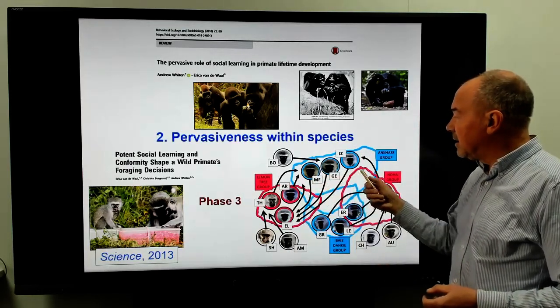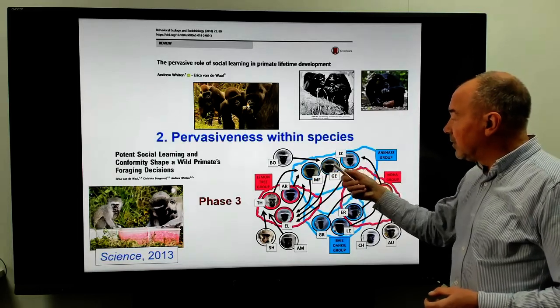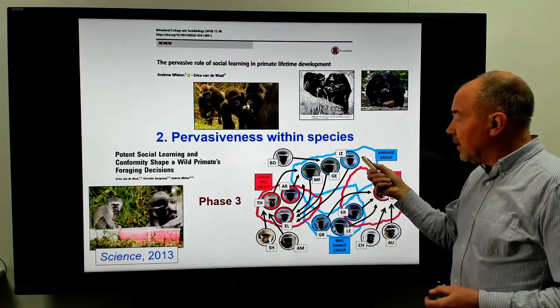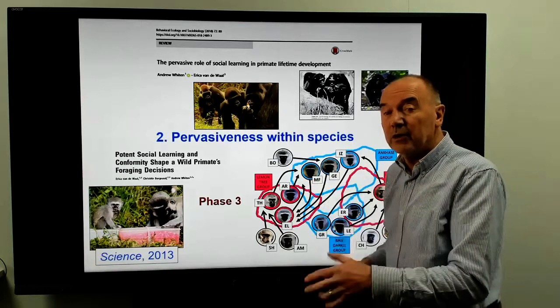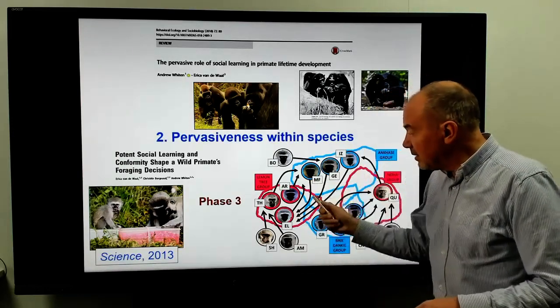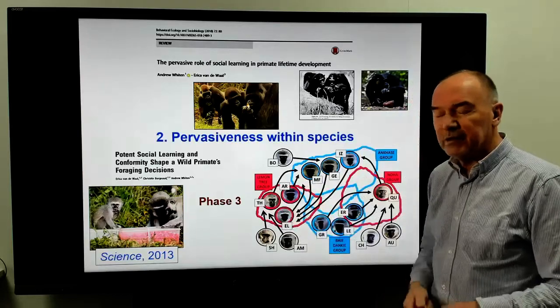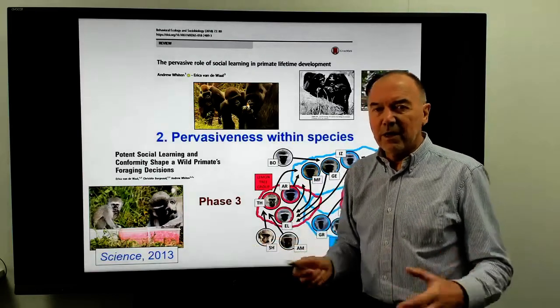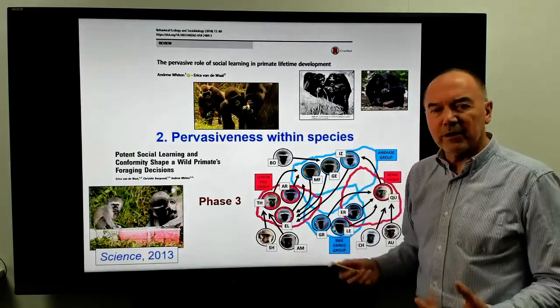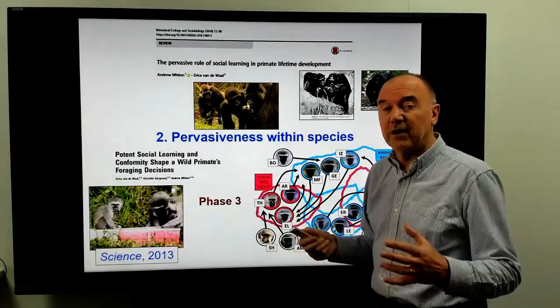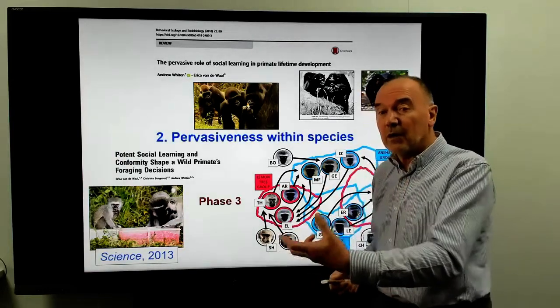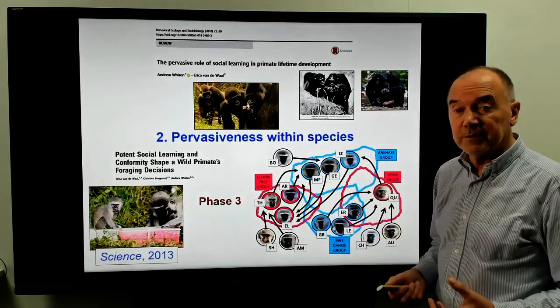We had instances where, for example, there were 3 males here who were in a group initially where everyone ate blue and ignored the pink, but then they migrated into a group like this where everybody's eating pink rather than blue. What would they do? What we found was they changed very quickly and locked on to the local preference.